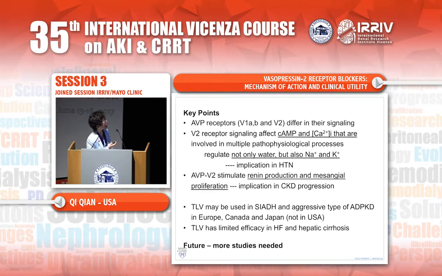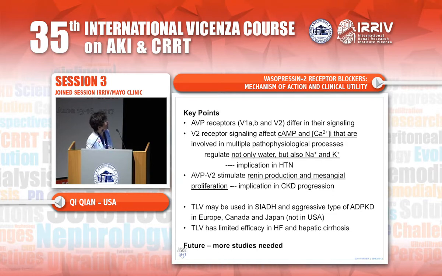Intracellular calcium amplifies cyclic AMP-mediated effects. It is involved in multiple pathological processes and regulates not only water, but also sodium and potassium. There's an implication in hypertension. And vasopressin V2 stimulates renin production and mesangial proliferation. There's an implication in CKD progression.